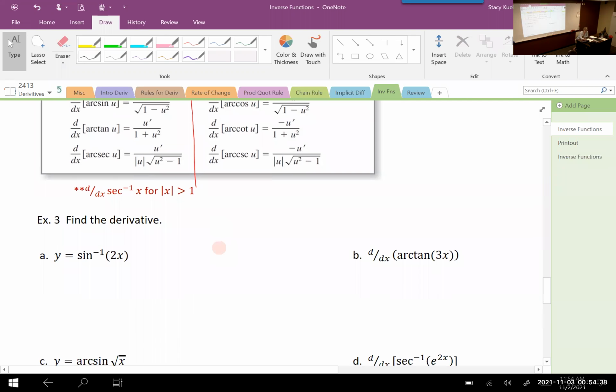So in this particular case, y prime is going to be the derivative of 2x, which is just 2, over the square root of 1 minus 2x, all of that squared. Well, that's just 2 over the square root of 1 minus 4x squared.